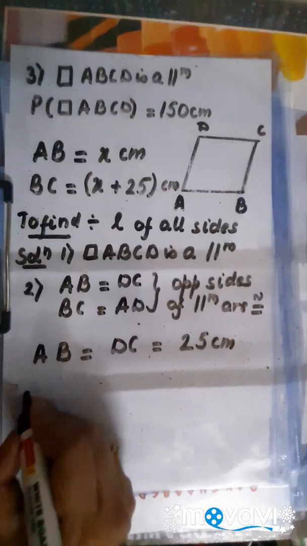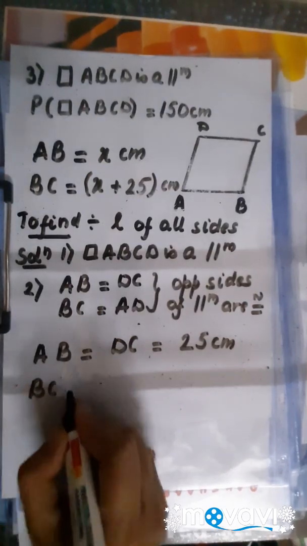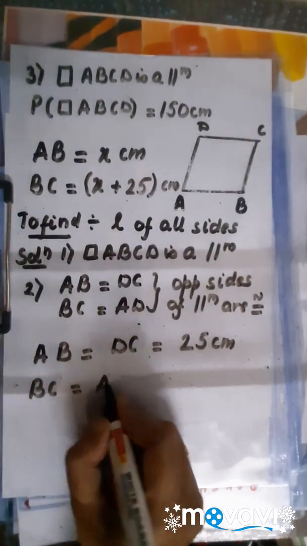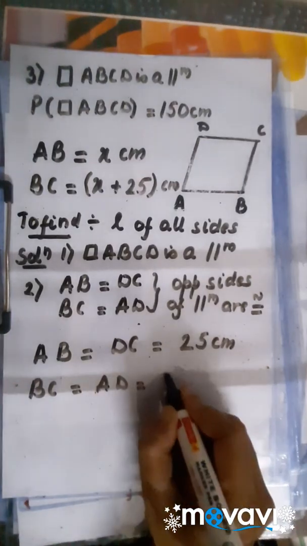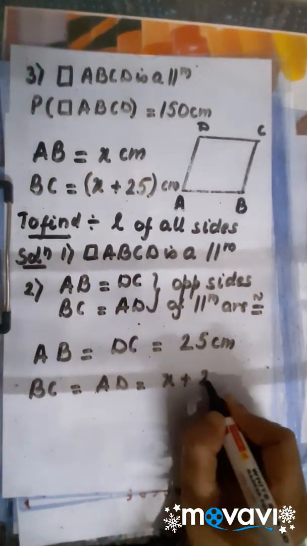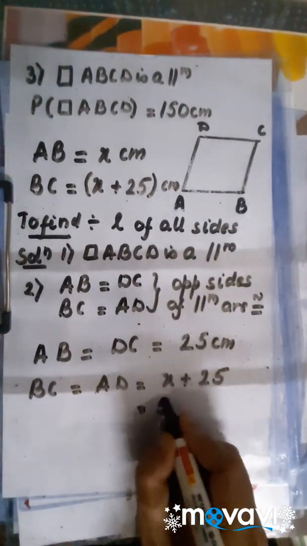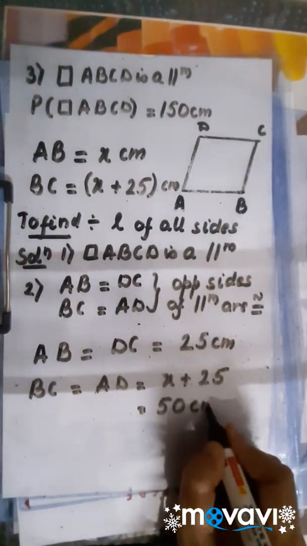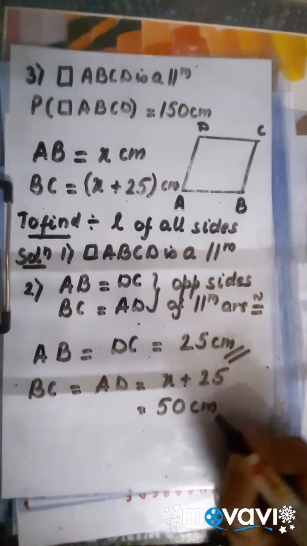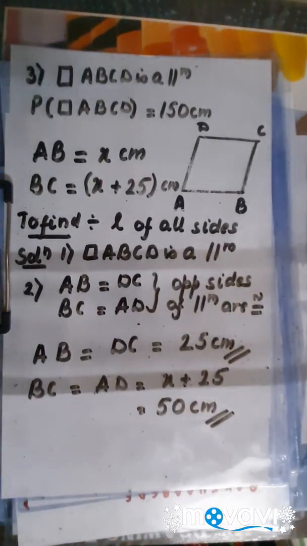I can also say that BC is equal to AD is equal to X plus 25. So that becomes 25 plus 25. How much is that? 50 centimeter. So this is 25 centimeter and this is 50 centimeter. Is this clear? 25 and 50 centimeter. Okay.